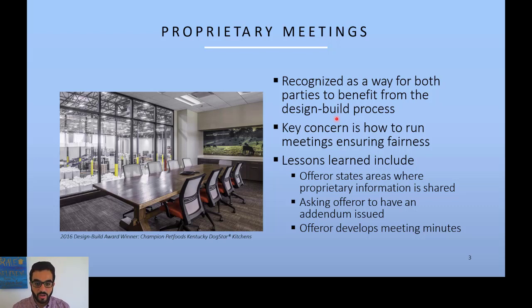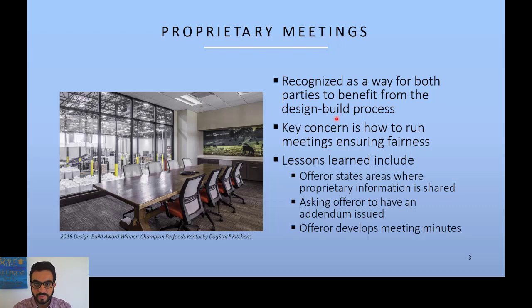Also, the owner is the one issuing an addendum to disclose information to all teams bidding for the project, but they ask the offerer for permission to include some information that they have from the proprietary meetings.